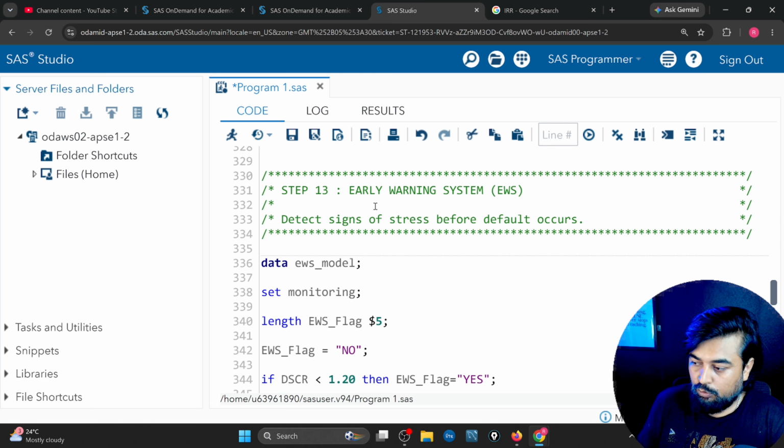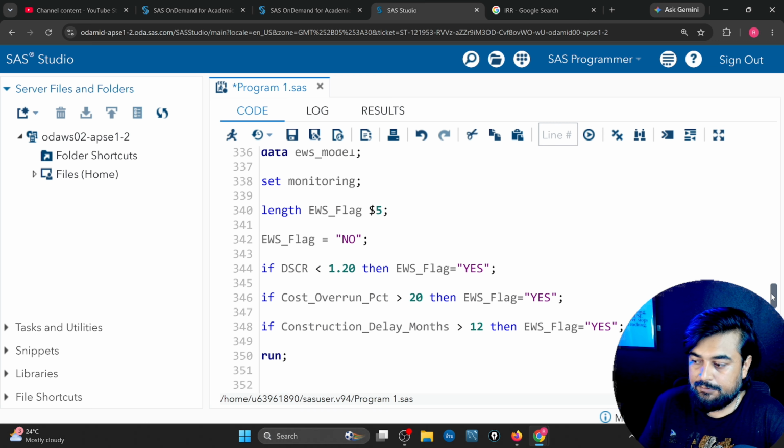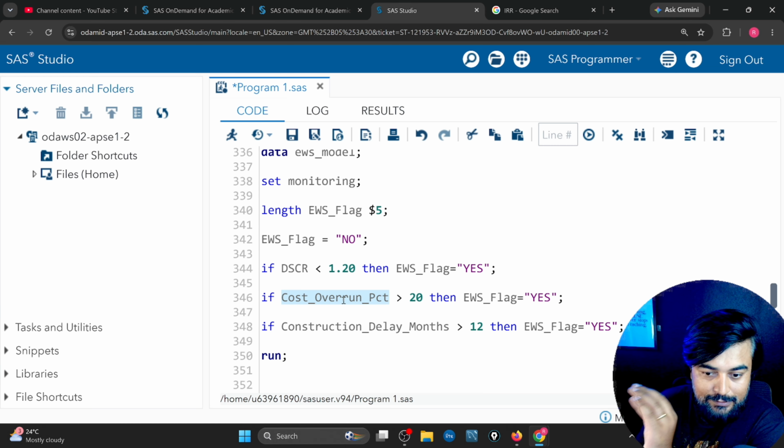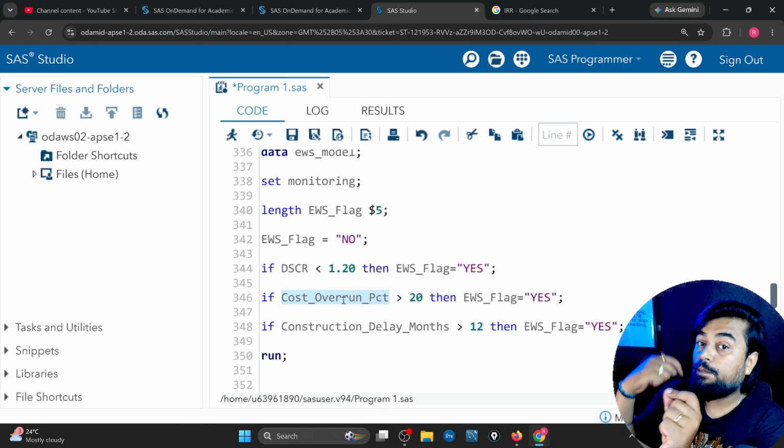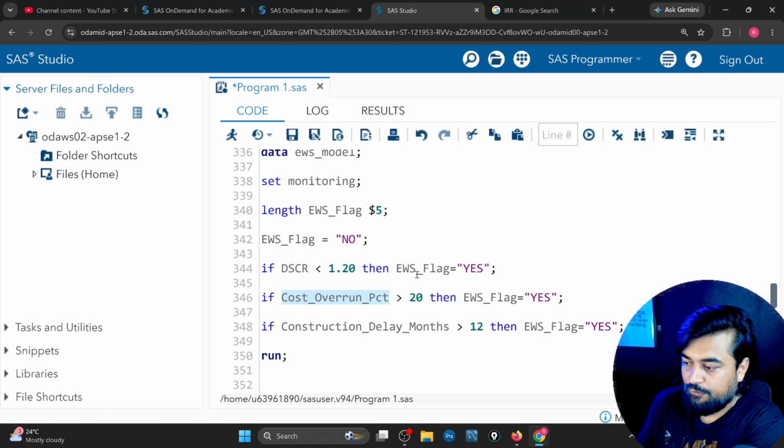Then EWS will set up an early warning system, which is very important, so that if there is any red flag, the bank will be alerted. If DSCR is less than this much, at least this much profit I want to earn. DSCR less than 1.20 means if I'm investing 1 rupee, I need to get 1.2 rupees. If the cost overrun percentage variable, any variable related to profitability, is greater than 20, then EWS, yes.